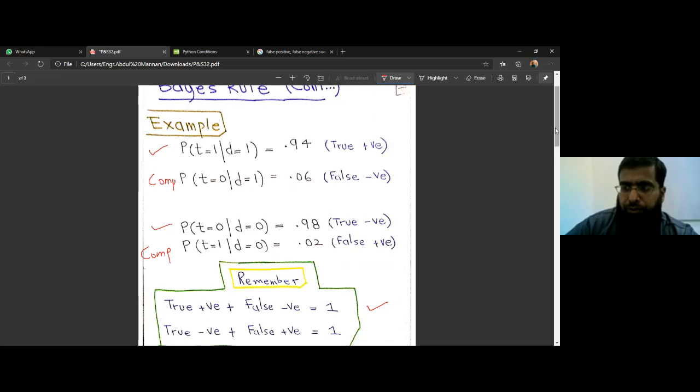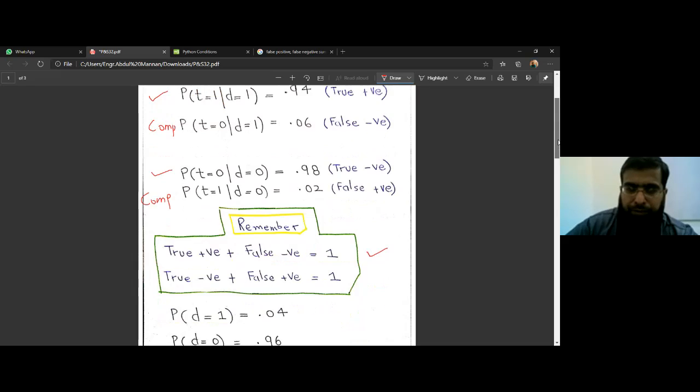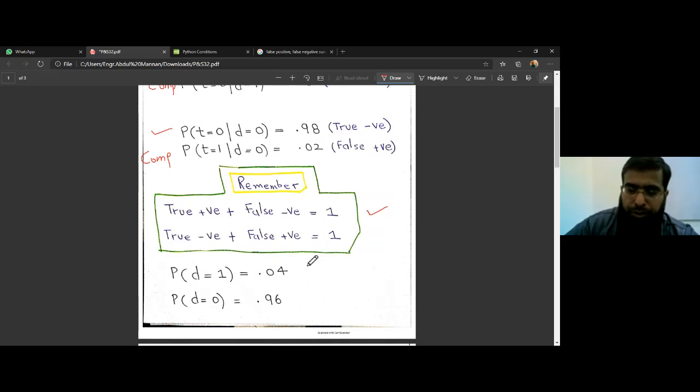Right, given all these probability values, we are also given that the disease is present in only 4% of population. This means the disease is not present in 96% of population.